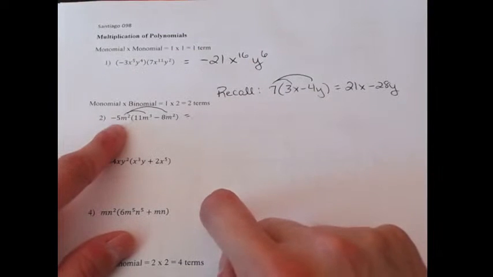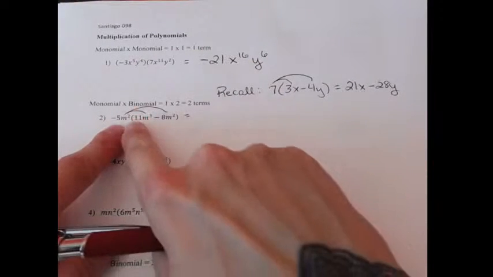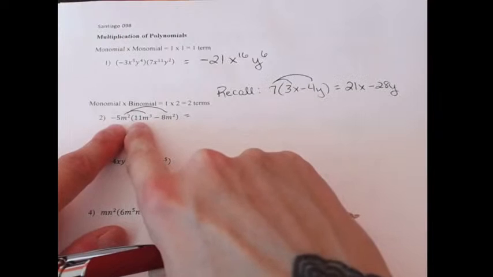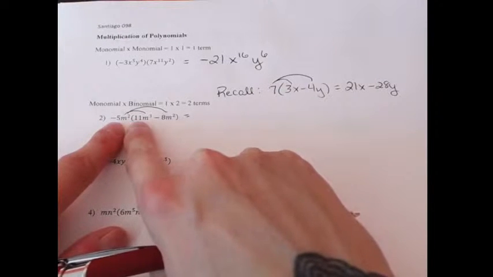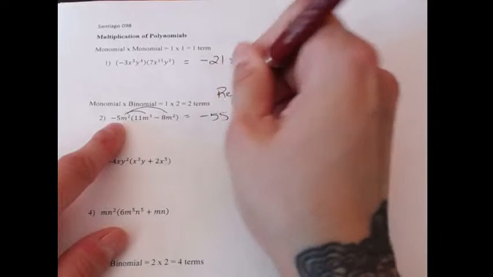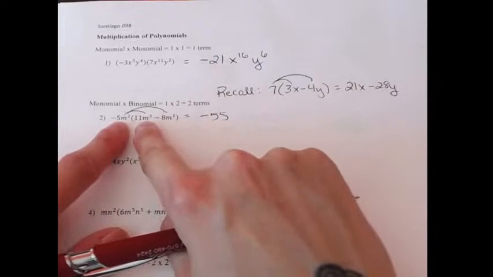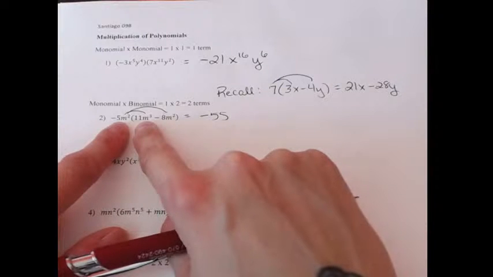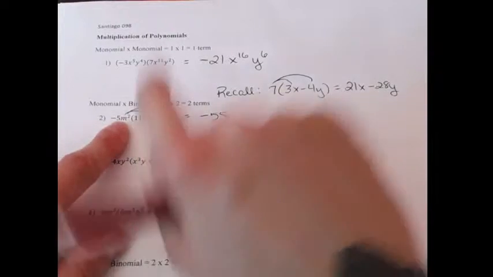We have a -5m to the 2nd power times 11m to the 3rd. Okay, let's start with our numerical bases. -5 times 11 is a -55. And then m to the 2nd times m to the 3rd is keep the base, add the powers, m to the 5th.